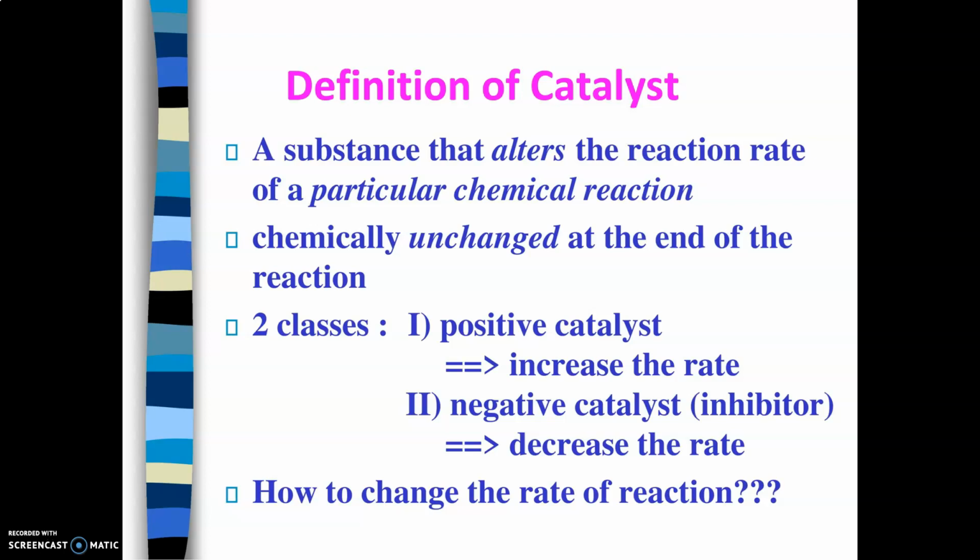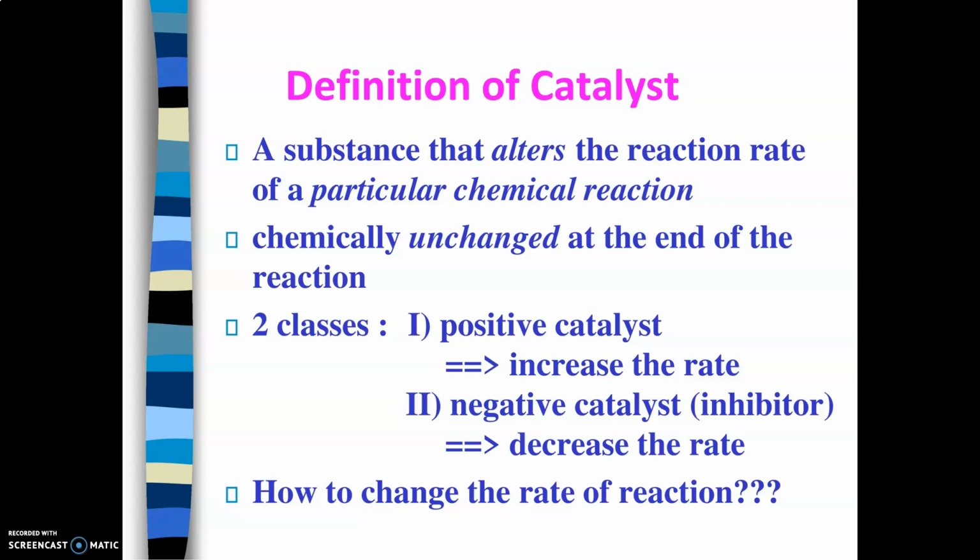From your book, the example is given of potassium chlorate. For its breaking, MnO2, manganese dioxide, is mixed as a catalyst. It increases the speed of reaction, and it starts forming potassium chloride and oxygen.